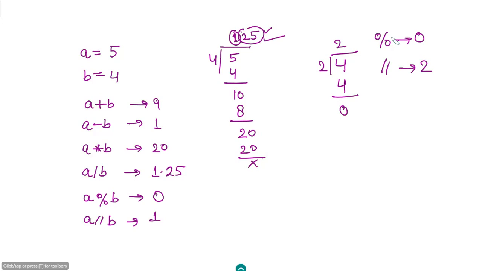Now let's move to the next operator, that is comparison operator. Do you have any idea about comparison operator? We just make some relationship between the variables or the values. Suppose A is having 10 and B is having 20, and I want to know the relation between the two values.